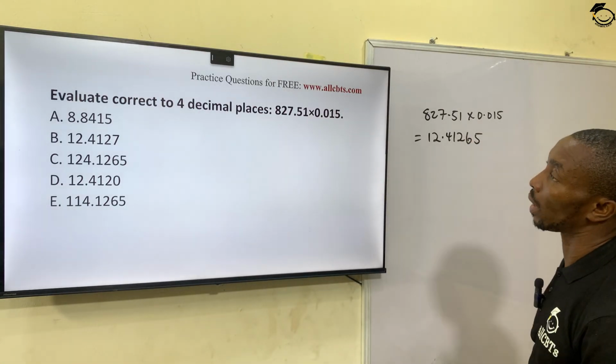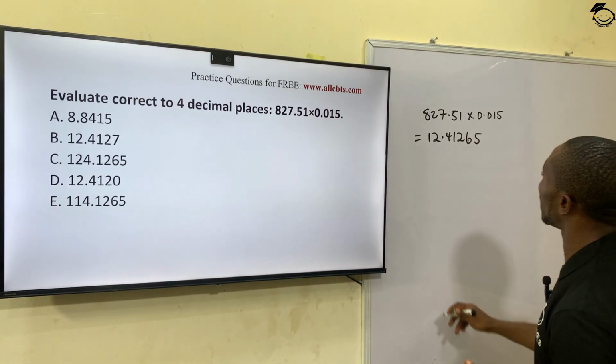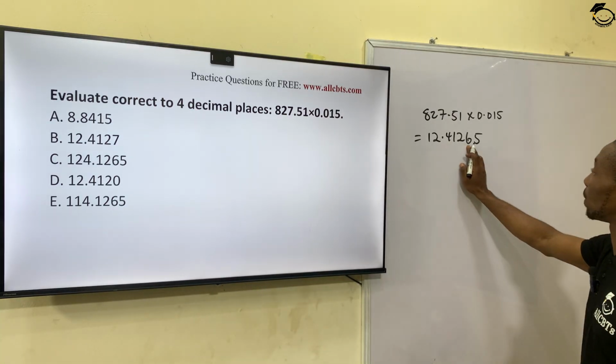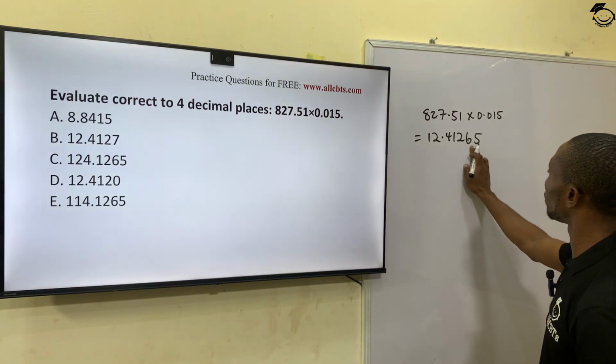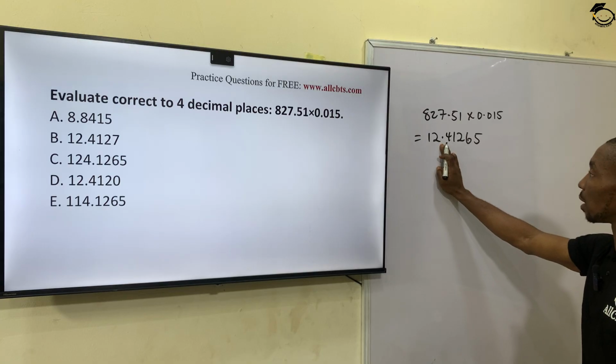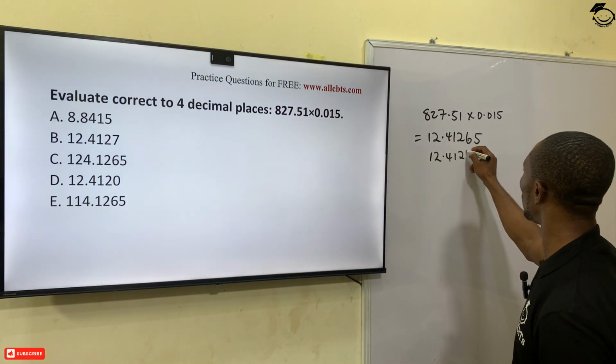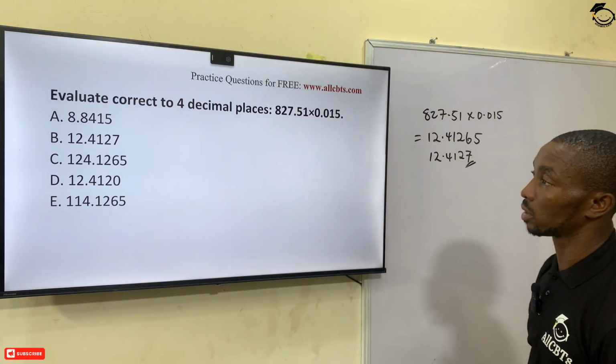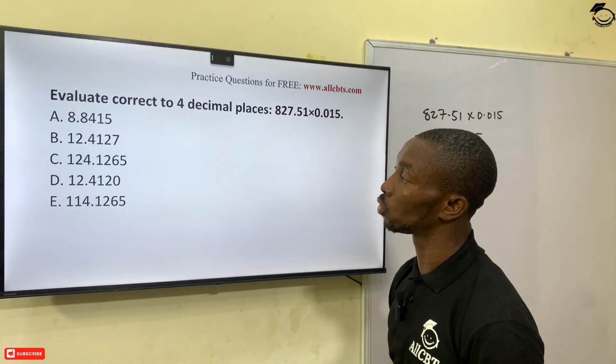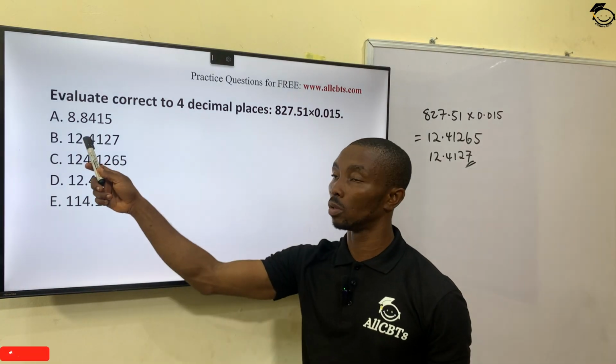Now, since we are correcting to 4 decimal places, that means there should be 4 digits after a decimal point. This will become 12.4127. So the correct answer will be 12.4127, which is option B.